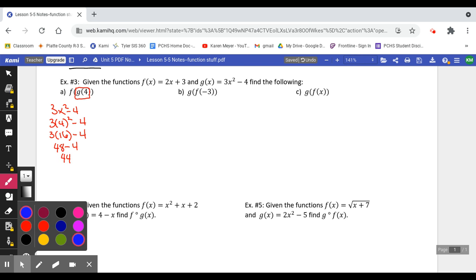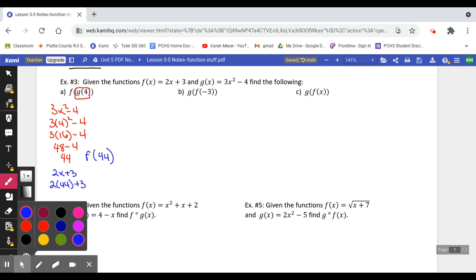So now you want to think of that whole g of 4 really being the answer of 44. So now it's just asking you to find f of 44. You go to your f function, which is 2x plus 3, and plug in 44 for x.